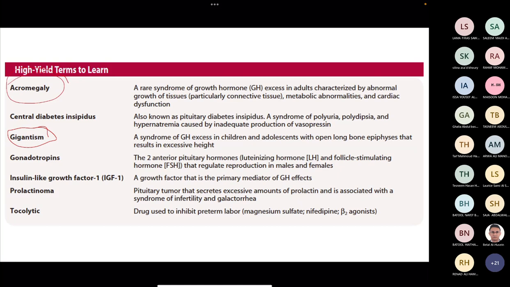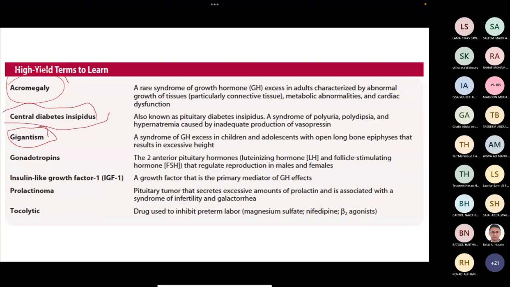Now antidiuretic hormone is a hormone released, as we said, from the posterior pituitary. If there is no good release of antidiuretic hormone, there will be diuresis, meaning loss of fluids, and this is called central diabetes insipidus.